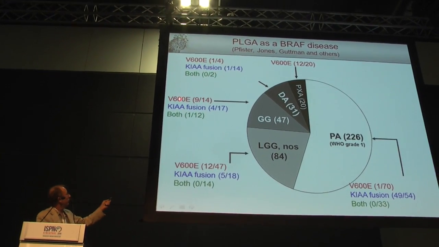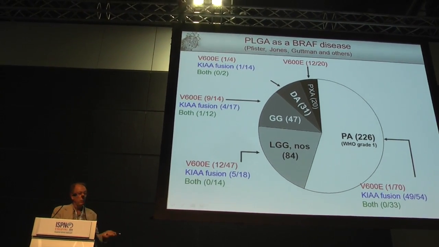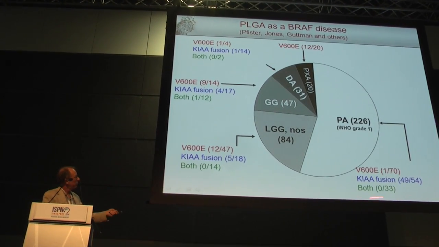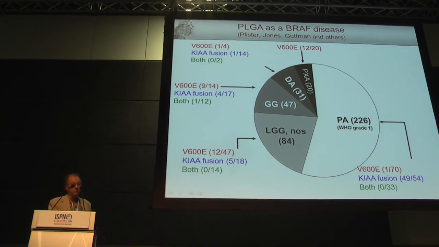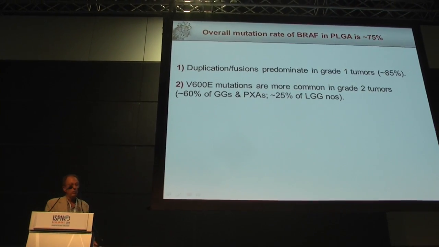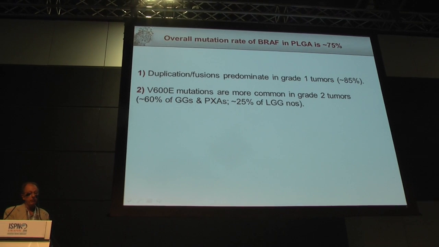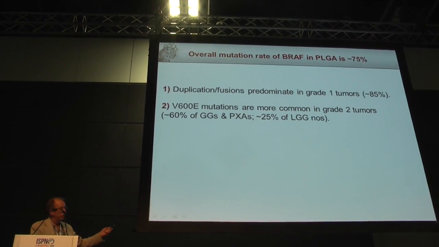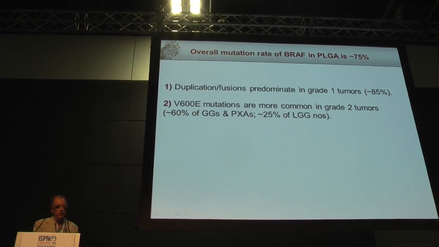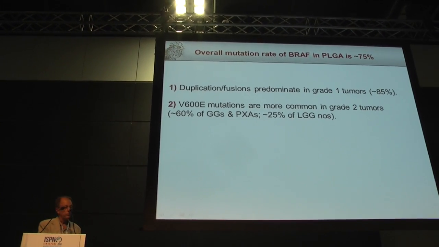Ganglioglioma, almost 60% of these tumors have a point mutation. The two types of mutations, as you see, are generally mutually exclusive, which is what you would expect. The overall mutation rate of BRAF in pediatric low-grade astrocytoma is about 75%, and this pretty much defines that pie chart.